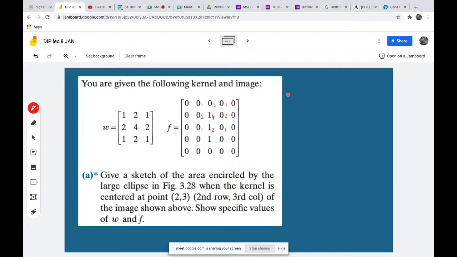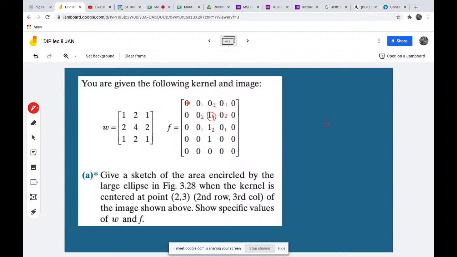Can you tell me the final value of the central pixel? Anybody? 6. Yes, sir, 6. So the final value of the pixel, you will get 6. How do you get it? Very straightforward. You multiply the window to the image.